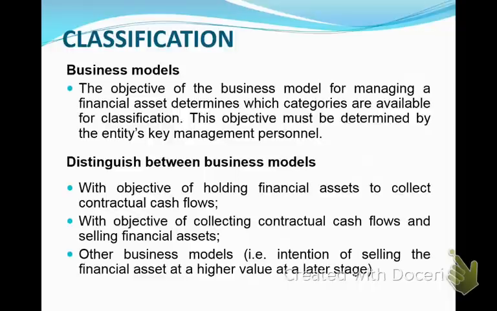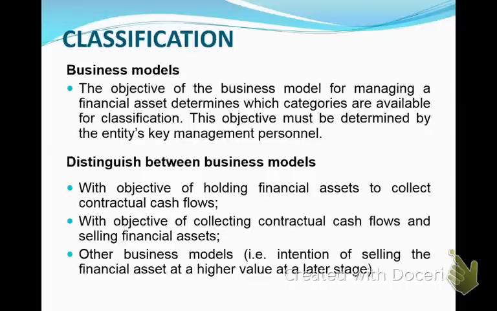Now, in order to be able to classify our financial assets, we first have to allocate them to business models. The objective of the business model for managing a financial asset determines which categories are available for classification.